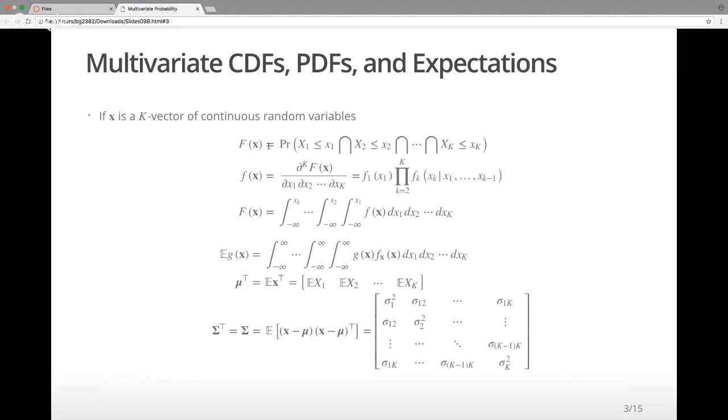Now, most of the distributions that we're going to deal with, their CDF and their PDF are going to be invariant to a reordering, a permutation of the elements in the vector. But maybe in some cases we want to put an additional restriction on the sample space of x, that x1 has to be less than x2, has to be less than x3, and so on.